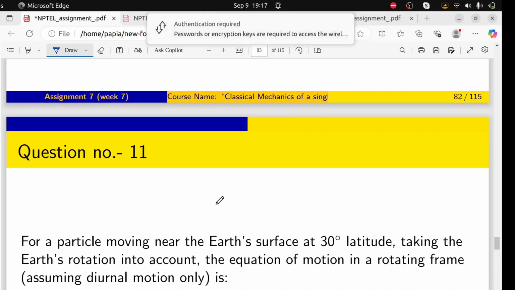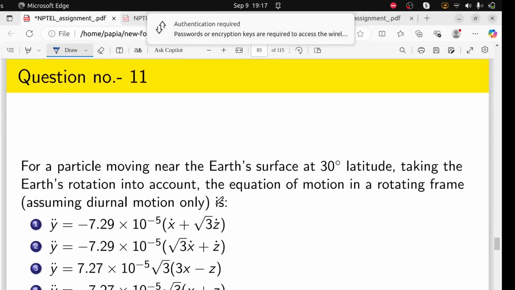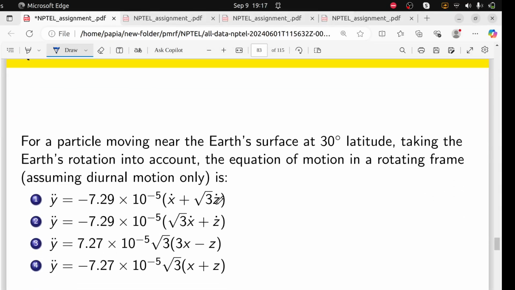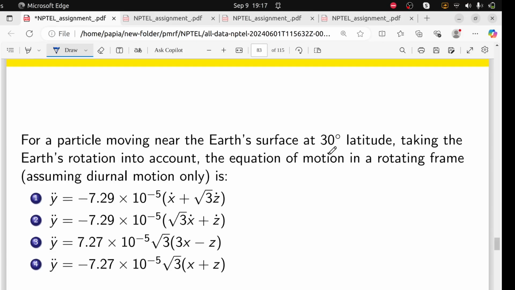So now coming to the next question. For a particle moving near the Earth's surface at 30-degree latitude, taking the Earth's rotation into account, the equation of motion in a rotating frame, assuming diurnal motion only, is exactly similar to the previous one. But we will just replace the lambda value from 60 degrees to 30 degrees.